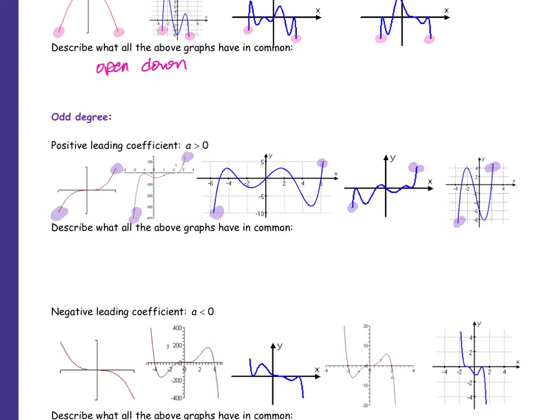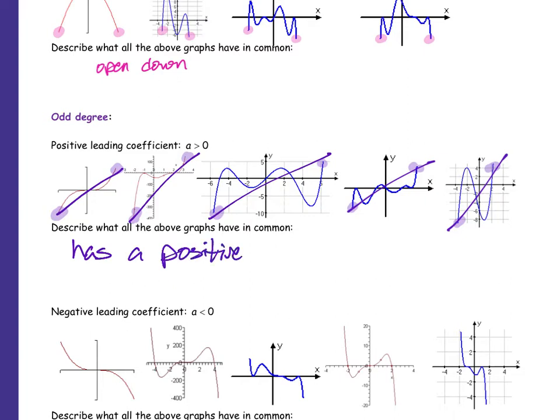What's happening between here and here, and here and here? It always has a positive slope, right?